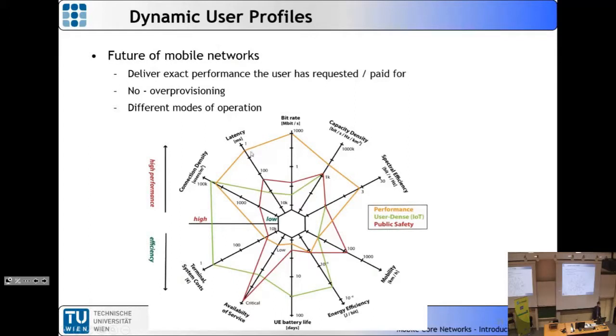High performance in terms of having small latency or high bit rate at the cost of availability, for example, or power efficiency, or even mobility, or being more efficient, so we have more battery life but less data rate, for example. So we will have different spectra, and this is actually something that 5G is targeting.